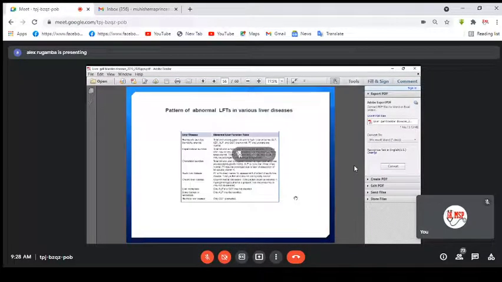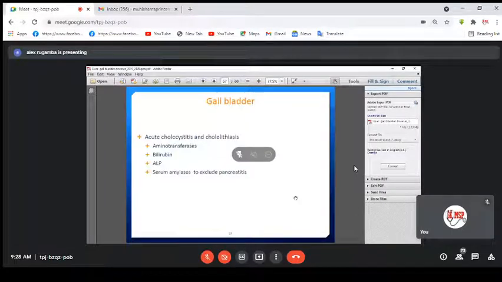Okay, and then the gallbladder. The main problem with the gallbladder is acute cholestasis. I think you know what cholelithiasis or cholestasis is.